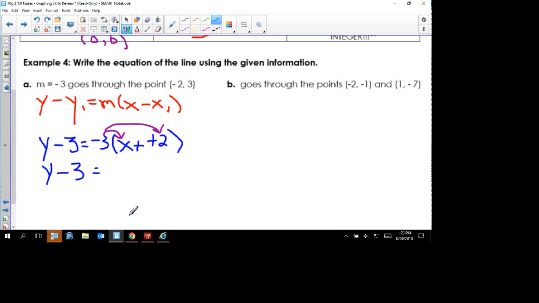So negative 3 times x is negative 3x. Negative 3 times positive 2 is negative 6. And then we have to get y by itself, so we're going to add 3. So we will have y equals negative 3x minus 3.